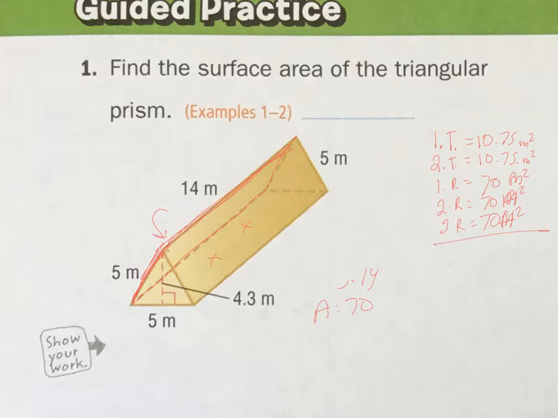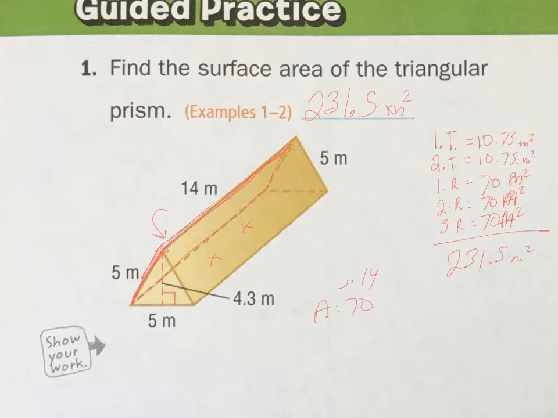Okay? Now, I just add up all these. 10.75 plus 10.75 plus 70 plus 70 plus 70. And it's going to get me 231.5 meters squared.